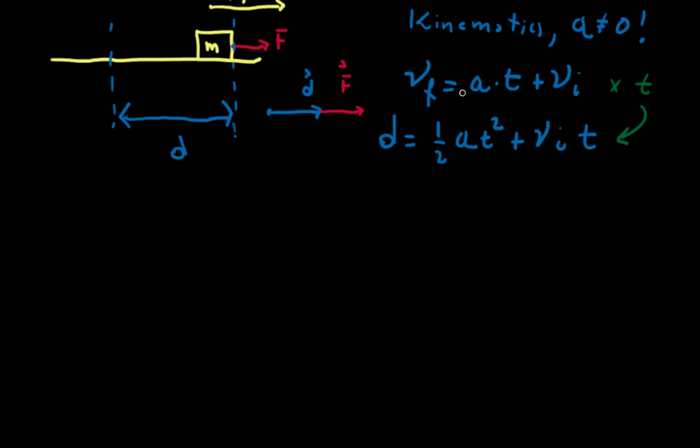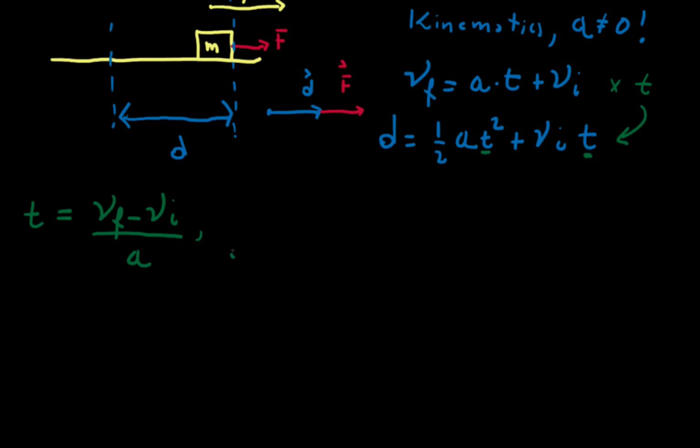So let's do it. Time here just becomes velocity final minus velocity initial over acceleration. Good. And now, every time time shows up, we put that in there.